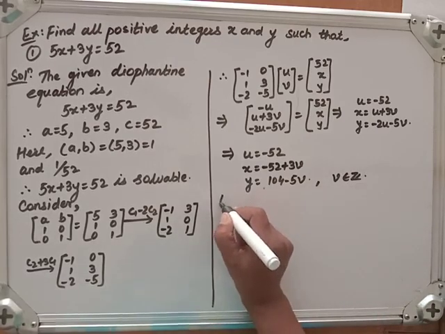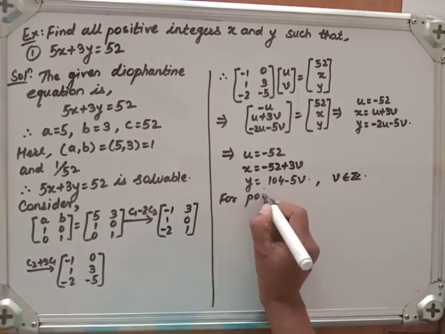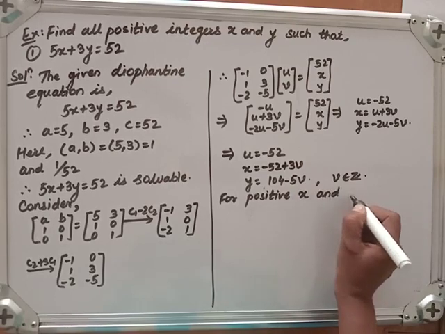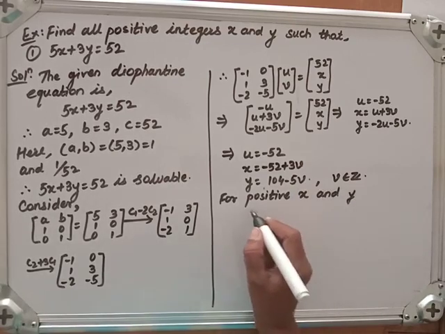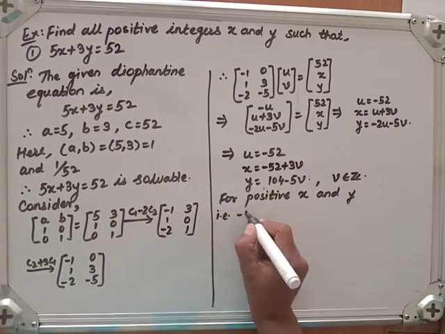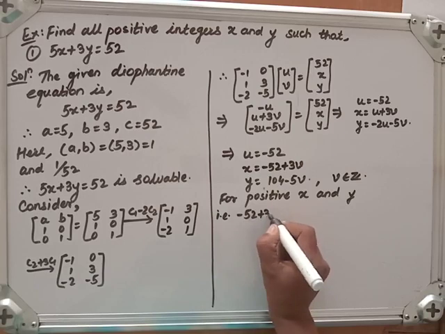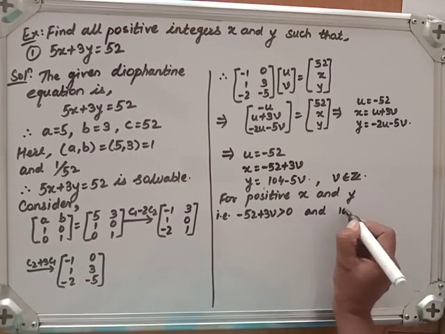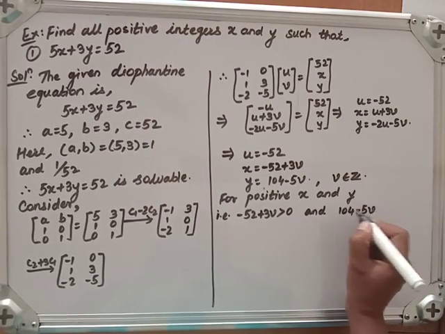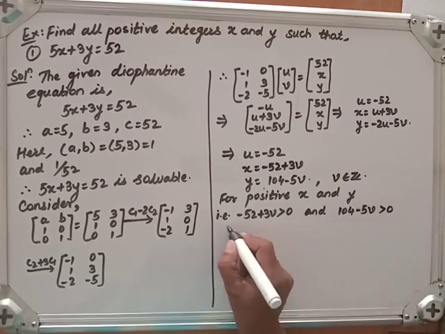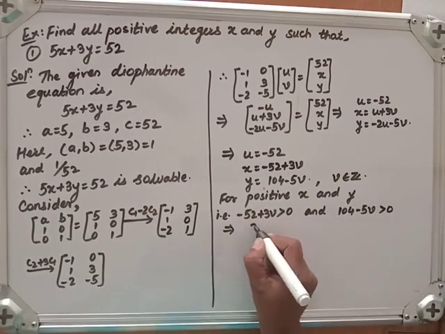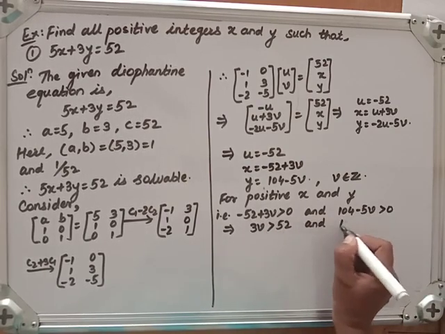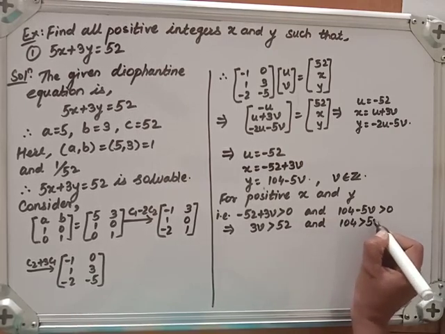Now for positive x and y, minus 52 plus 3v is positive and 104 minus 5v is also positive. So this gives 3v is greater than 52 and 104 is greater than 5v.